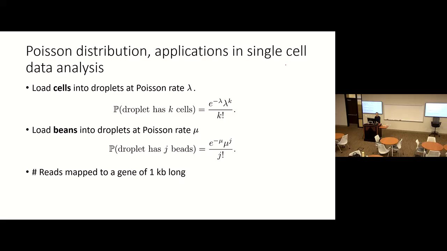So in single cell studies, we use this quite a lot to describe the different stages. We can use the Poisson distribution. We can set the average rate for a cell going into the droplet, the small event, and that's the percentage, the likelihood, the probability of this.